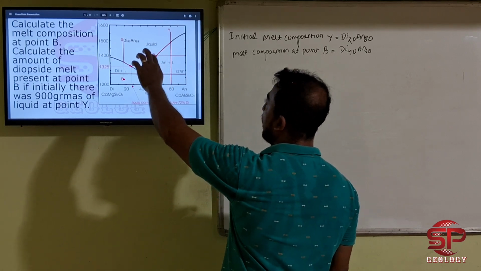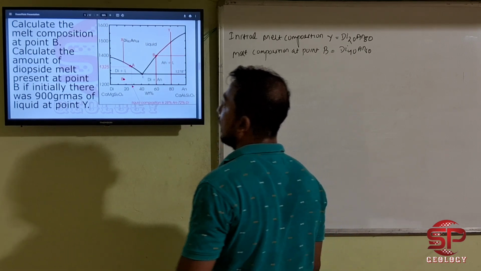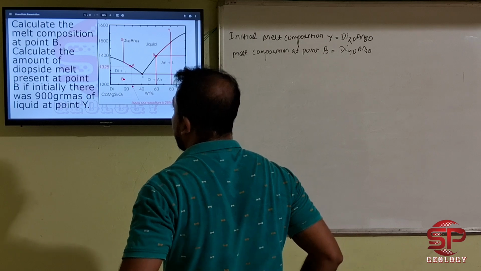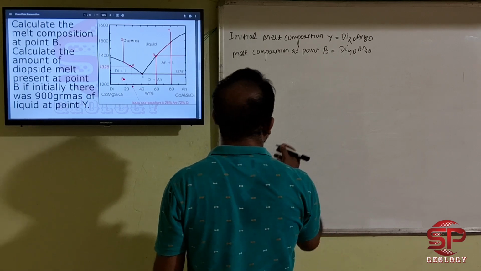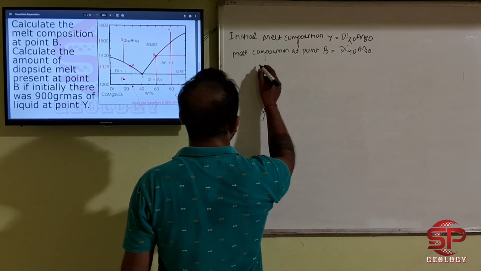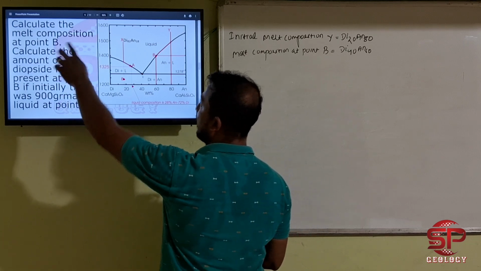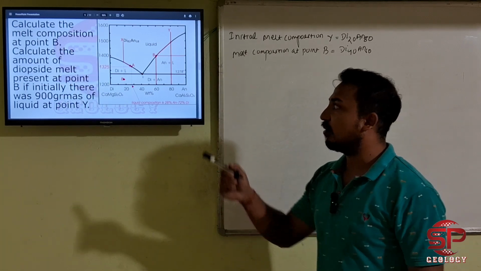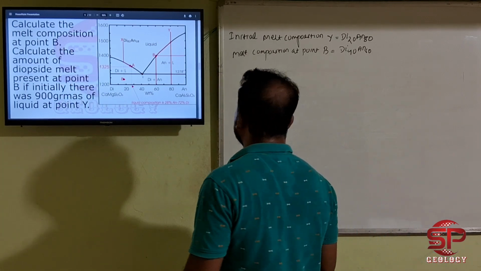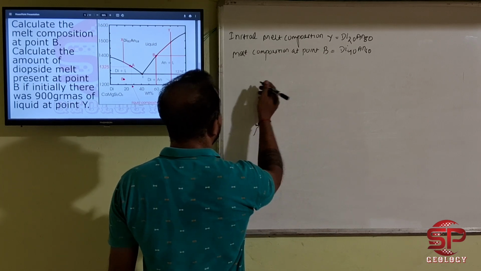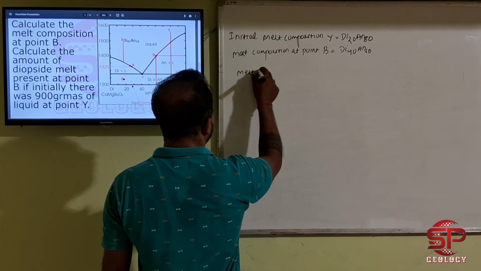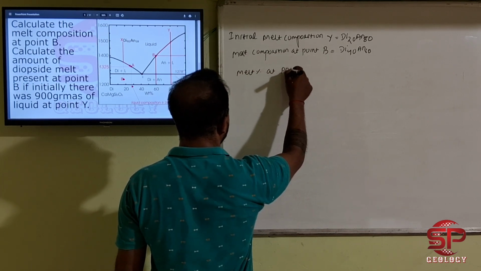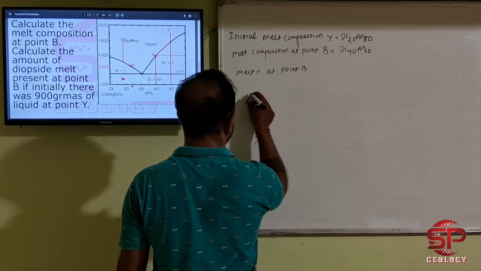So first we have to calculate the melt percentage at point B. Okay, this is a little melt composition, but we will calculate the melt percentage. So the melt percentage at point B.